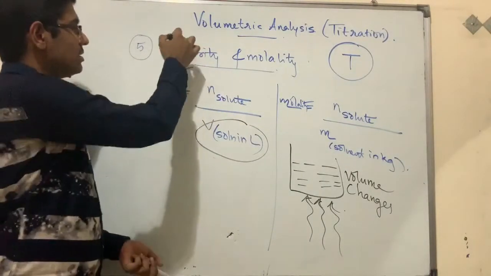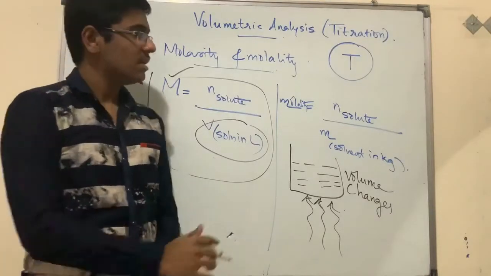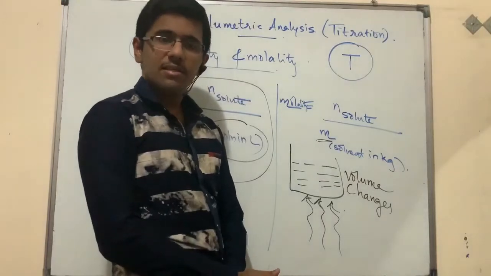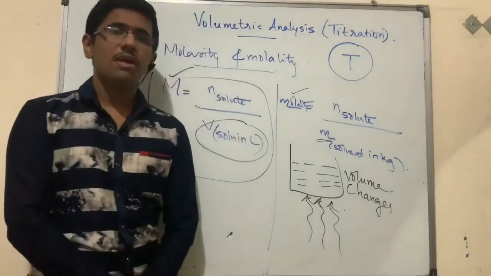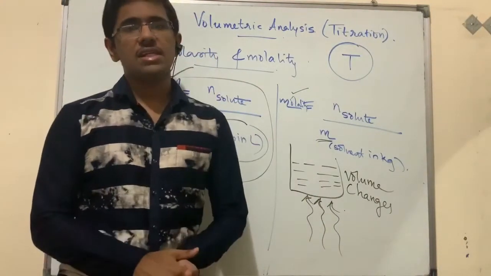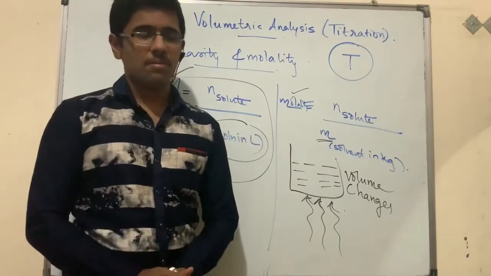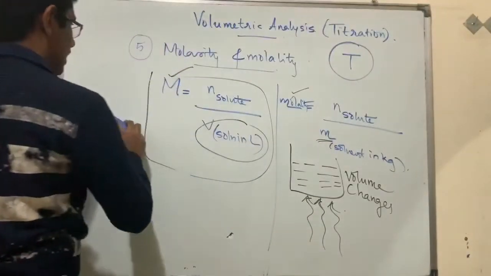So we cannot say that molarity is suitable when temperature changes. But here mass will not change. Mass is constant. So we can say that molality will not change. So if the temperature is fluctuating, we prefer molality as the concentration term. If the temperature is constant, we can prefer anything. It's not a problem. Okay, that's one thing.